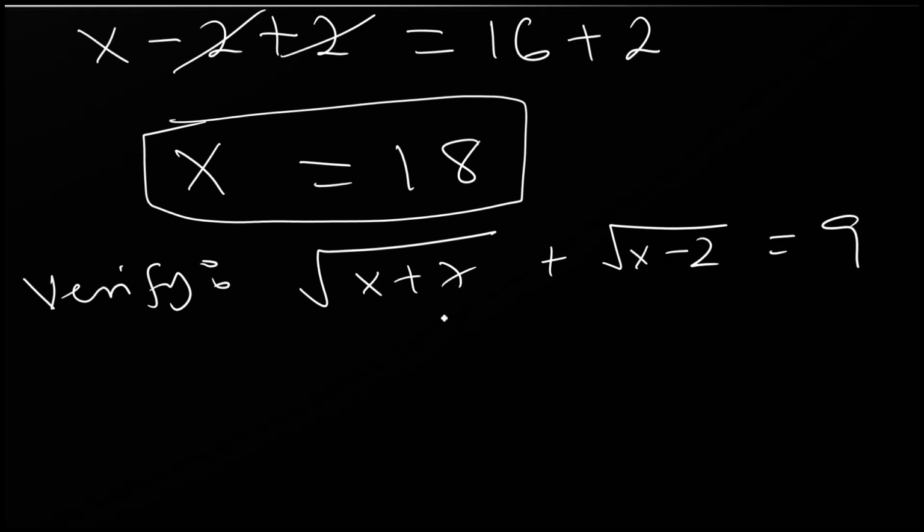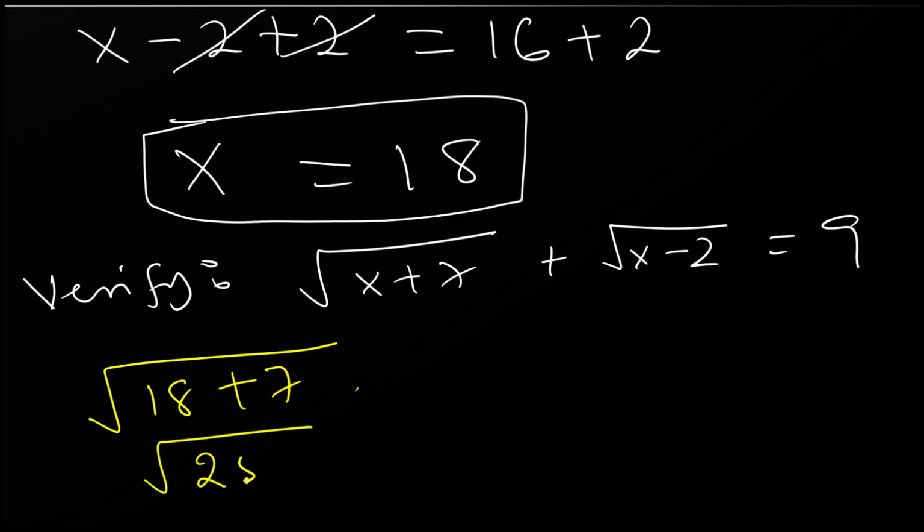So let's confirm it here. So when x is 18, we have 18 plus 7. That will be 25.